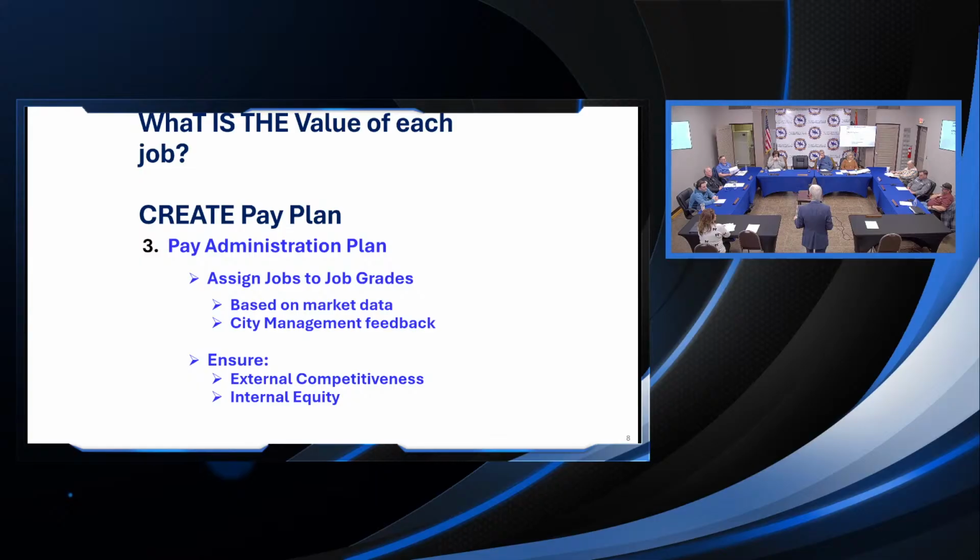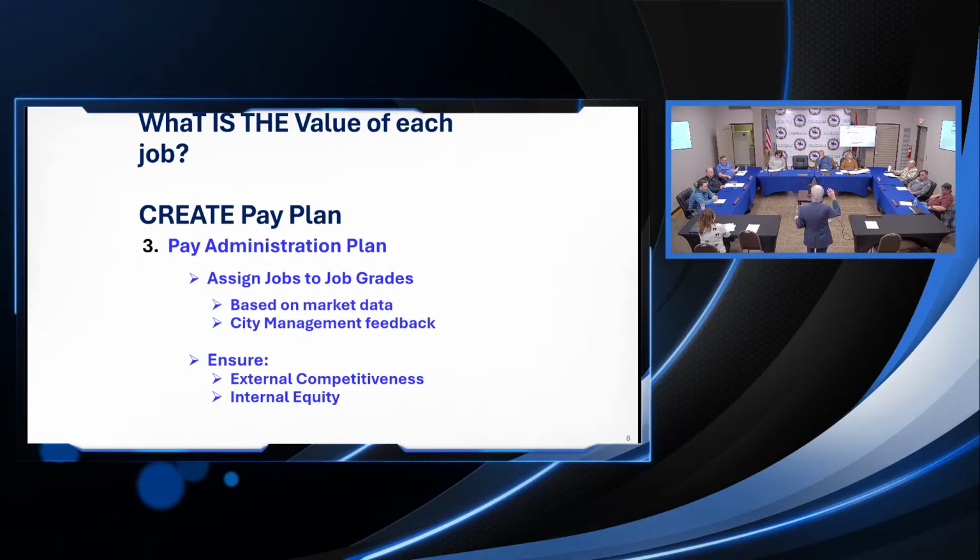Generally speaking, we assign the jobs to the pay grade based on the market data with some input from city management. So usually we'll put the job in the pay grade for which the midpoint, whatever the market step is, step 6 or whatever, most closely matches the market average for the job.